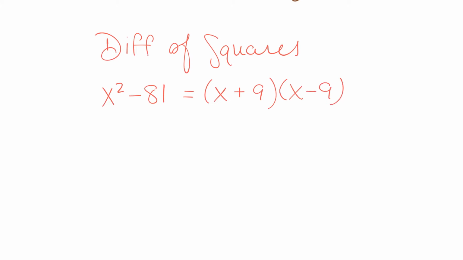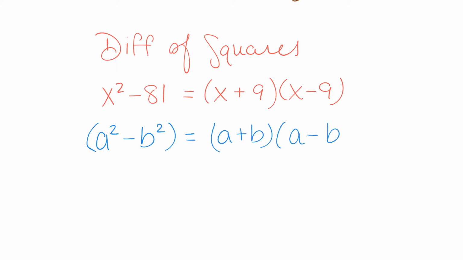And the real formula for that was a squared minus b squared equals a plus b times a minus b, right? And you had to take the square root of a squared to get a, right? So that's how you went from this to this.